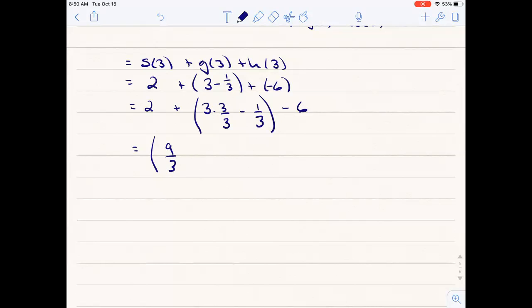Okay, 9 over 3 is 3. Great. -1 over 3. And then -4, combining 2 and -6 into 1.